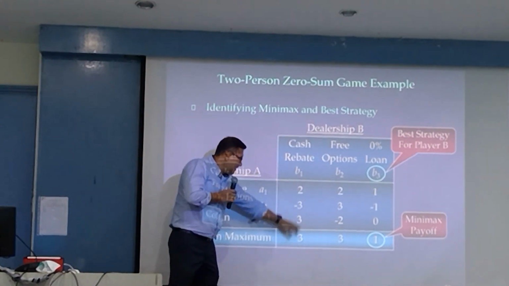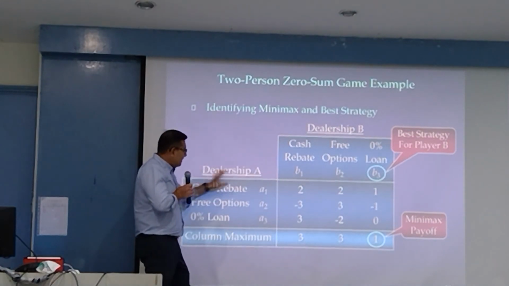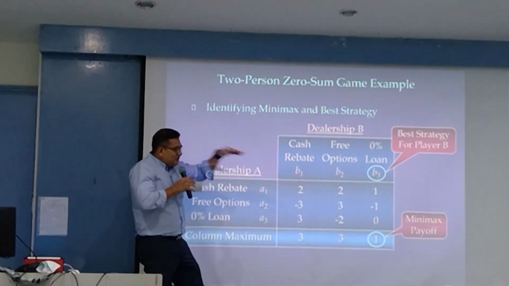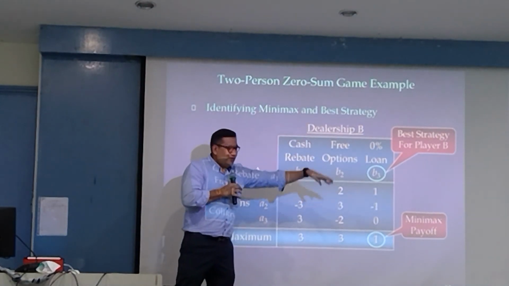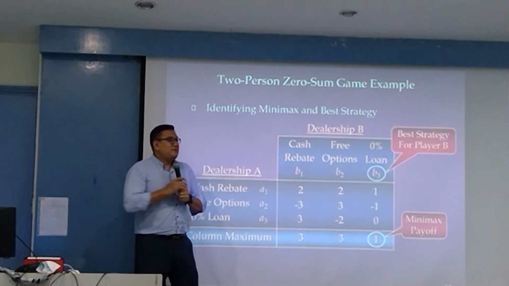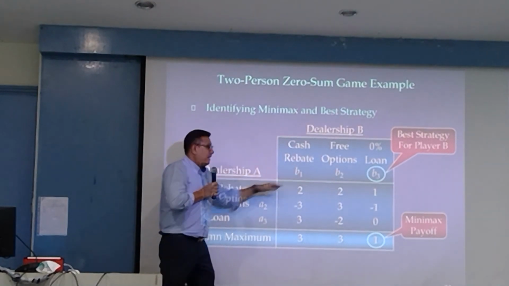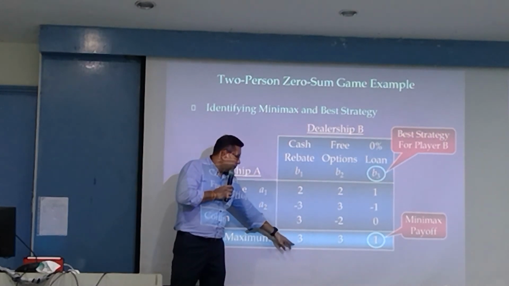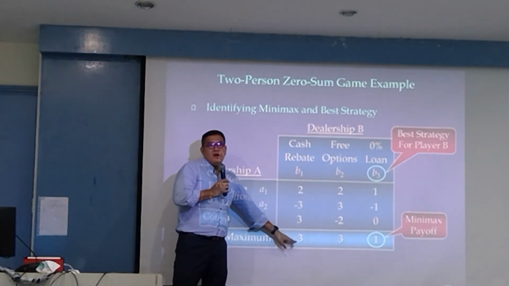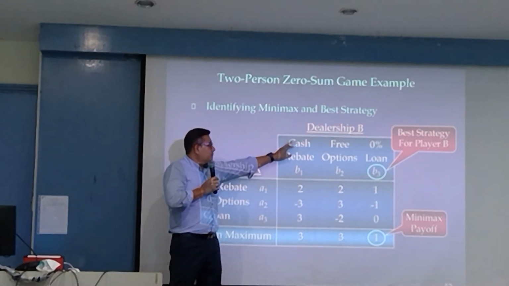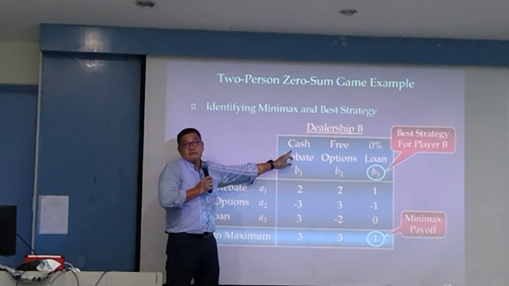But don't forget that 3 in this case is compared with A. A tries to take the market share from B, so you try to protect. If you select the first strategy and A develops A1, A2, and A3, this is the highest loss, the highest percentage that dealership B can get.